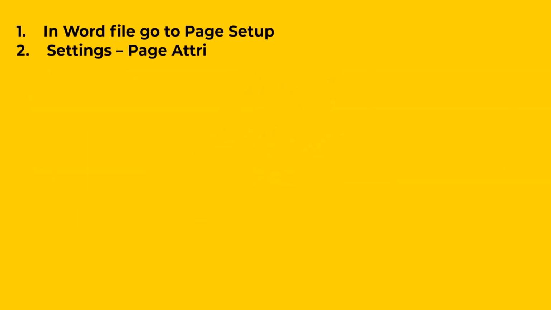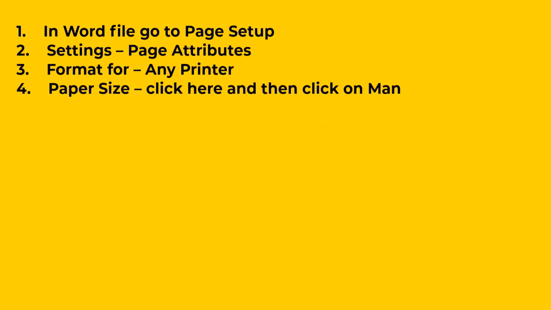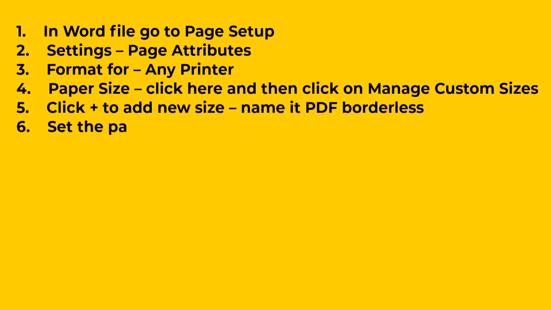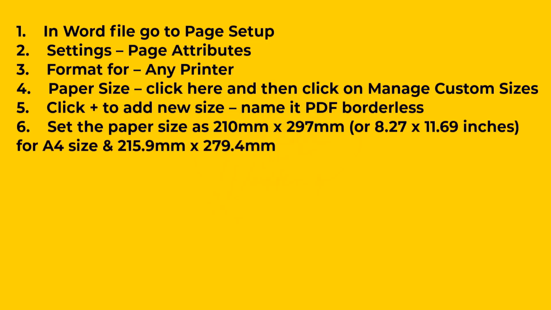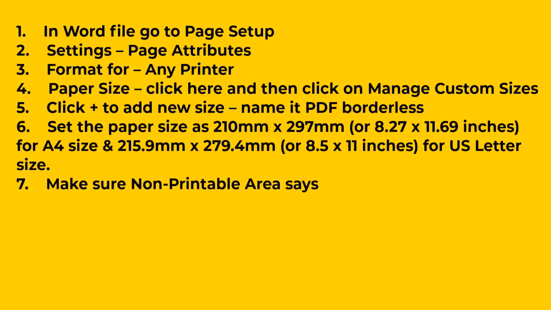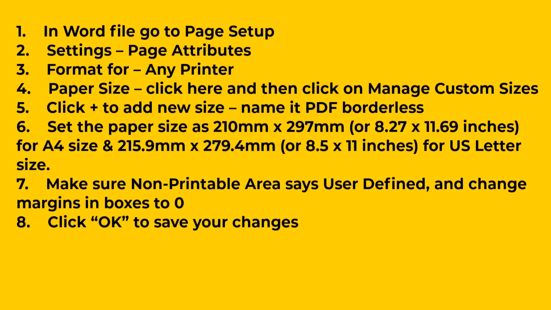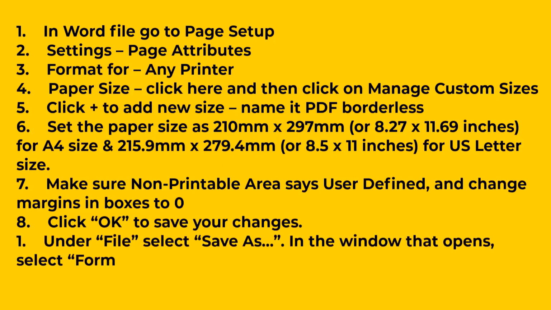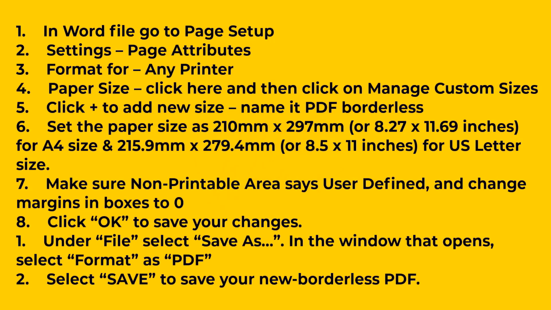1. In Word file, go to Page Setup. 2. Settings, Page Attributes. 3. Format for any printer. 4. Paper size, click here and then click on Manage Custom Sizes. 5. Click to add new size, name it PDF Borderless. 6.